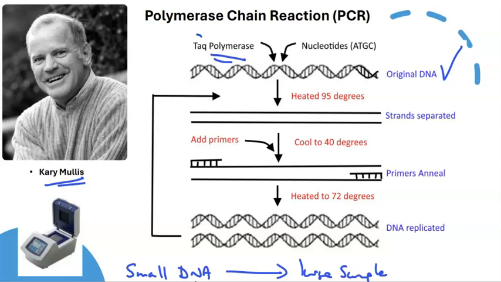In this case, however, we are going to be working with what is called Taq polymerase. Taq polymerase comes from Thermus aquaticus, which is a bacterium that lives in hot springs, and as a consequence, the enzymes that this species of bacteria have are thermostable at very high temperatures, such as the 95 degrees which is used in the PCR mechanism.